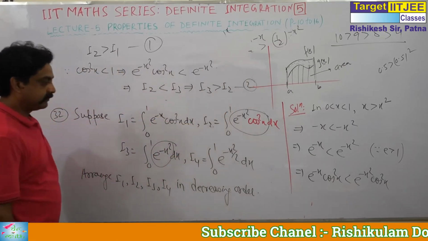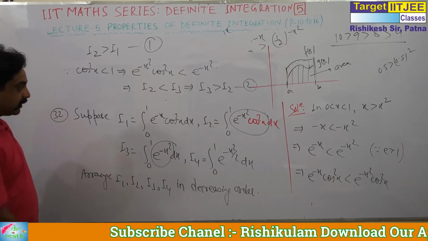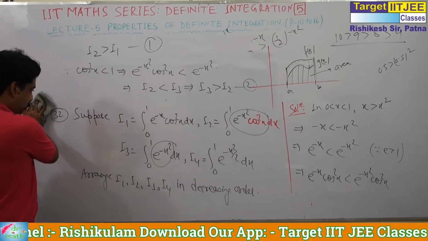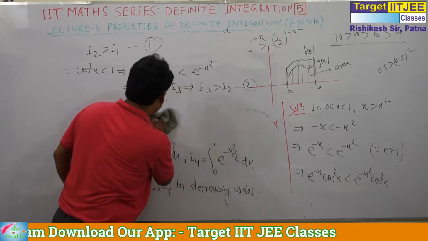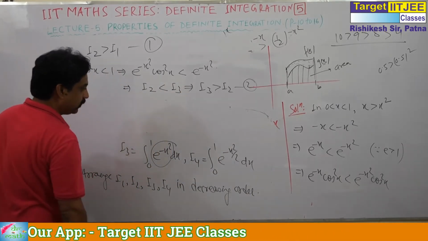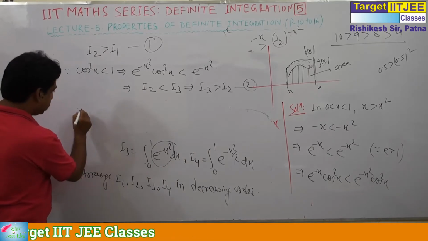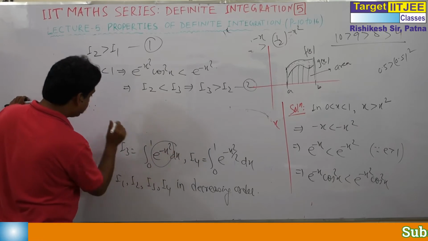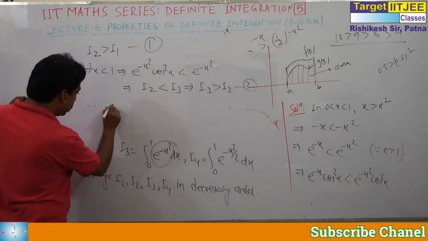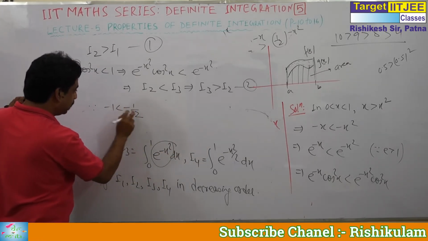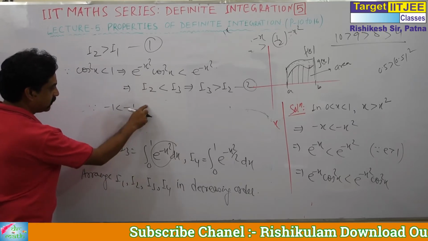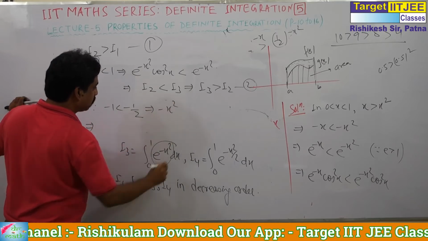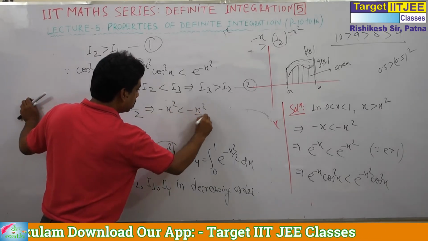This is number 2. Now finally we have to compare I3 and I4. Let's see how. Can you guess the logic? Very simple logic. Since minus 1 is less than minus 1 by 2, that is, 1 is greater than 1 by 2, this means minus x square is less than minus x square by 2.